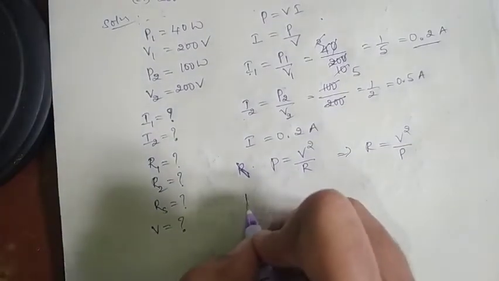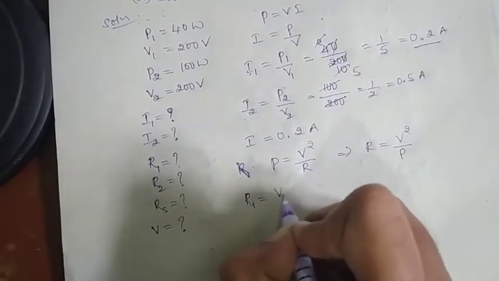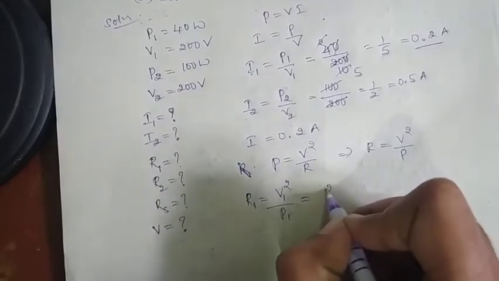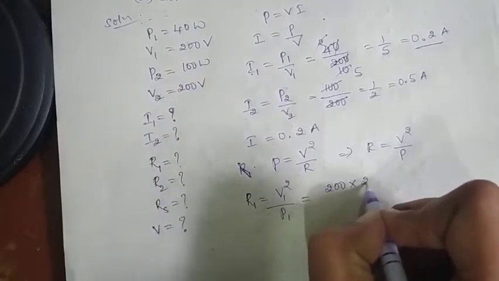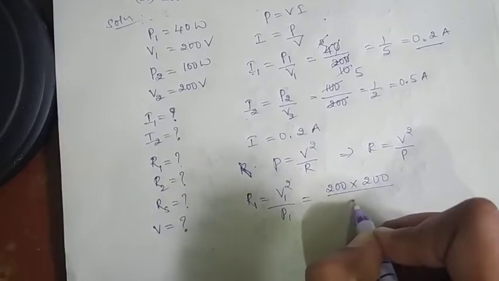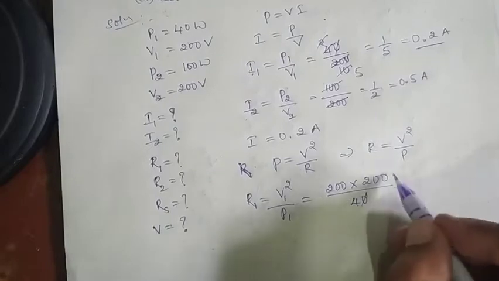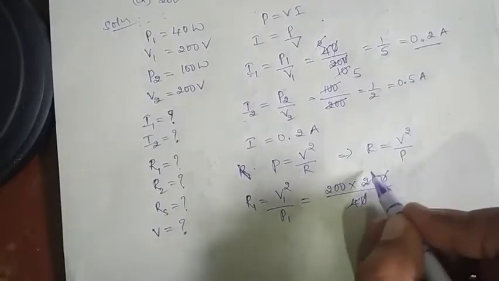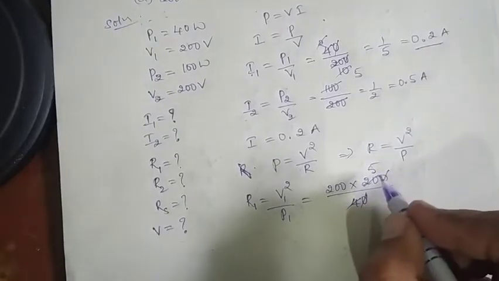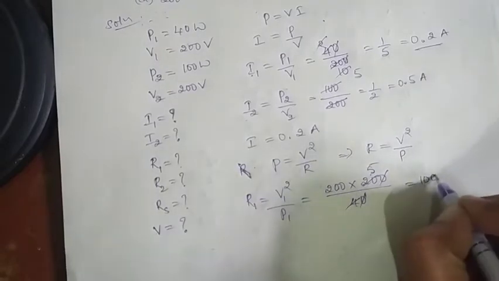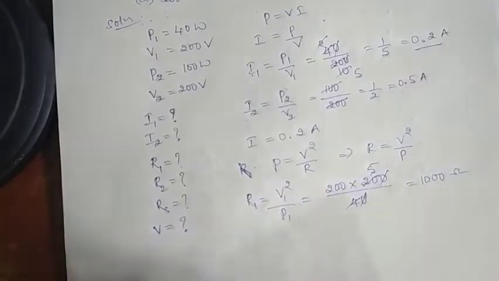Now, R1 equals V1 square divided by P1. V1 will be 200 volt. 200 square means 200 into 200 divided by 40. The zeros cancel. 4 5s are 20, 5 2s are 10, here 2 zeros, 1000 ohm.